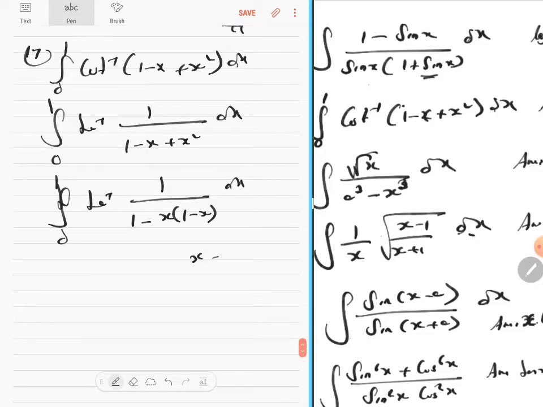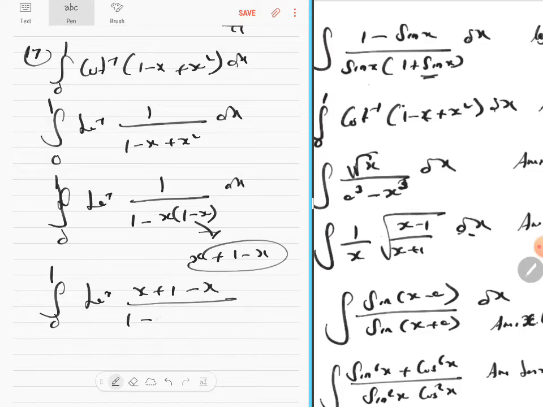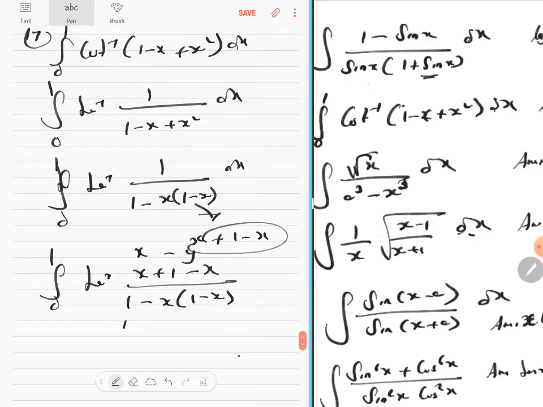So x plus 1 minus x, I'm trying to split it up like that. So then I can write 1 as x plus 1 minus x, adding and subtracting an x and minus x. So it will become 1 minus x into 1 minus x, which resembles x minus y by 1 minus xy, with the 1 I've added x and subtracted x.